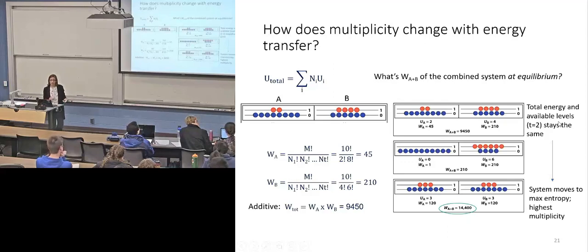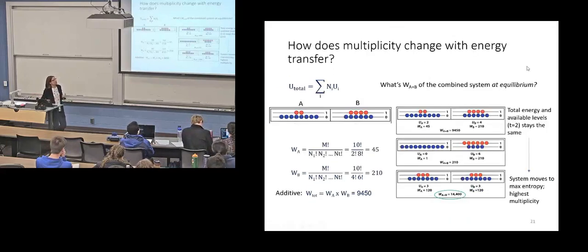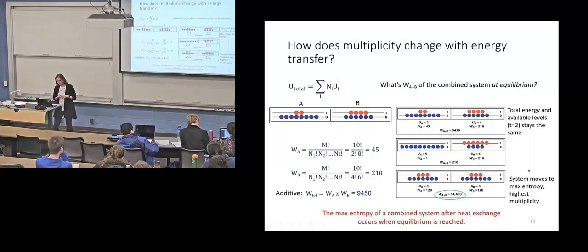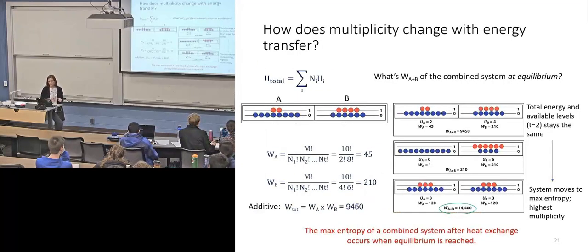We still only have 2 energy levels that they can get into. We still have 10 total molecules being contributed from A and B. But given sufficient amount of time, the system would try to maximize entropy by making the highest possible multiplicity. Okay. The maximum entropy of a combined system after heat exchange occurs when equilibrium is reached.